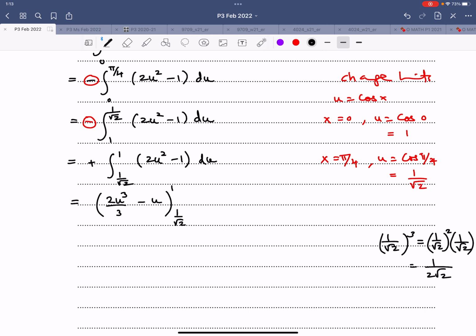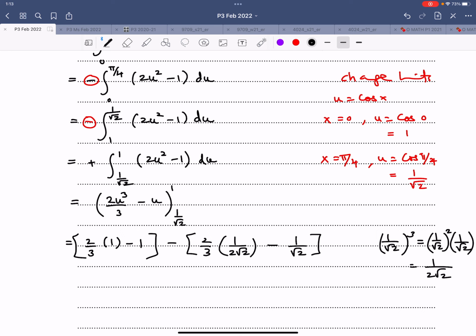Let me write it like this. So when I plug in 1, this is 2/3 and this is 1 minus 1 and this is minus 2/3. After the cubing, this comes out to be 1 over 2 root 2 and u is 1 over root 2.